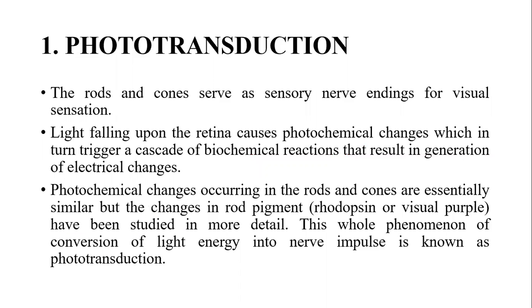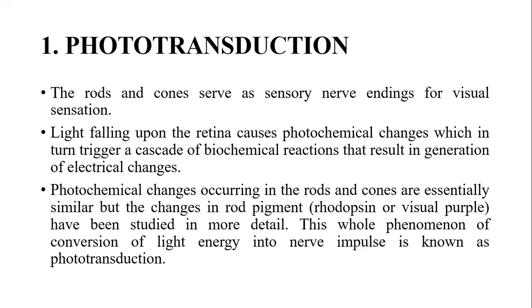Coming to the first one, phototransduction. The rods and cones serve as the sensory nerve endings for visual sensation. Yes, the rods and cones are the first receptors to receive the light, definitely the first nerve endings.